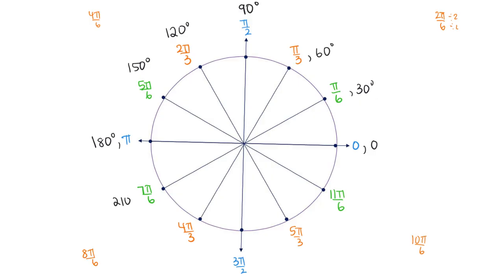We've got 210 degrees, 240 degrees. Make sure you write degrees too. 270 degrees, 300 degrees, 330 degrees. And then if I keep going, I'm back to 360 degrees, which is a full circle. So that looks correct. For now, we're just going to label these points and just know that in the future, they're going to be important points for us to know.